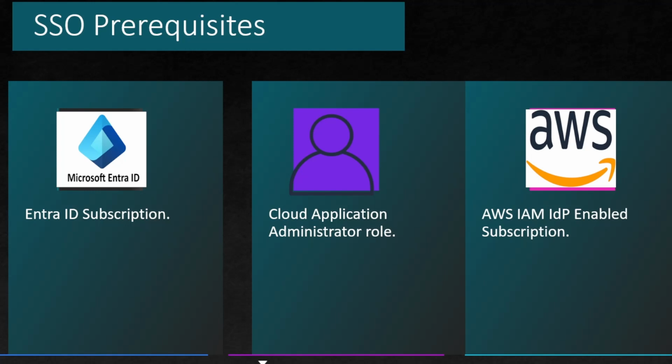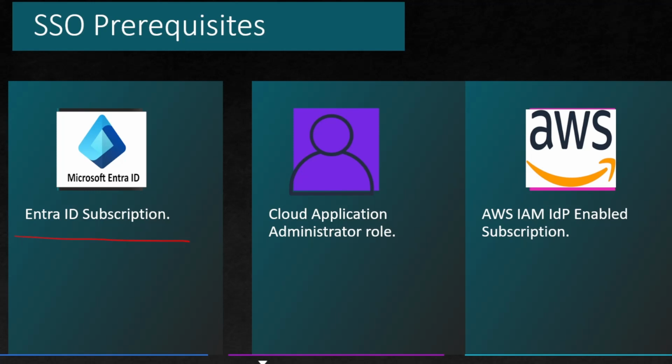The first one is, of course, that we have to have an Entra ID subscription. If we do not already have one, we have to create one. Of course, there is a free option; we can get a free account that we can also use.